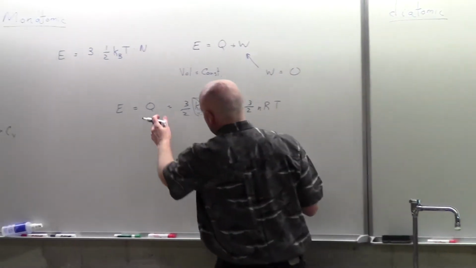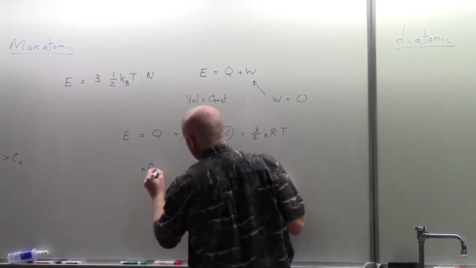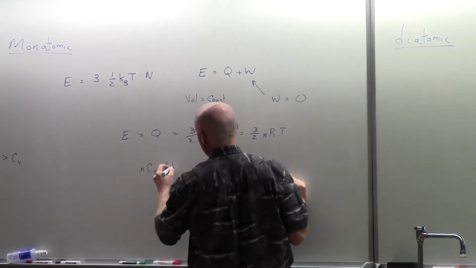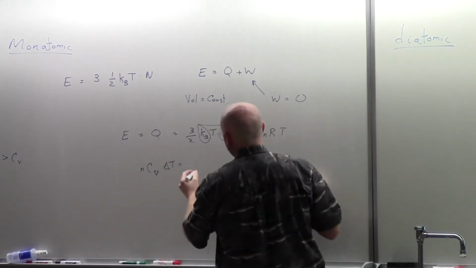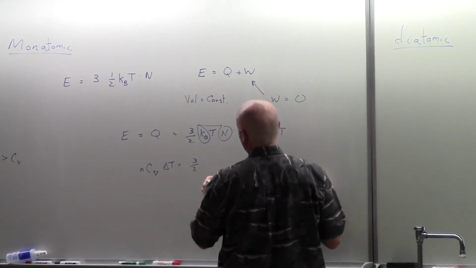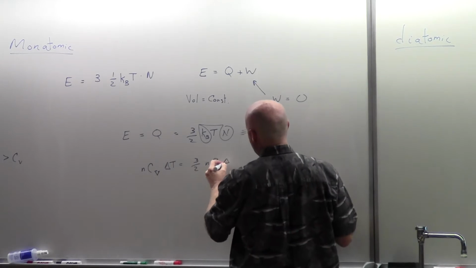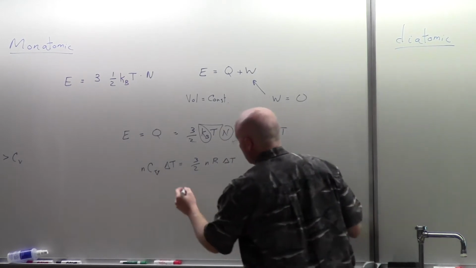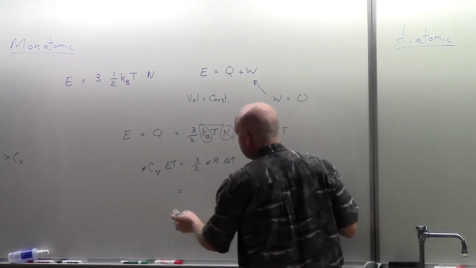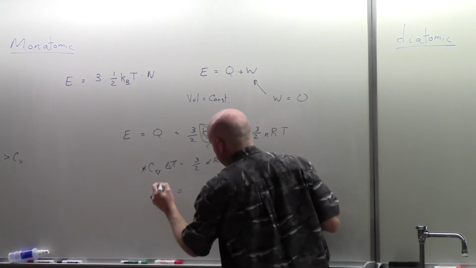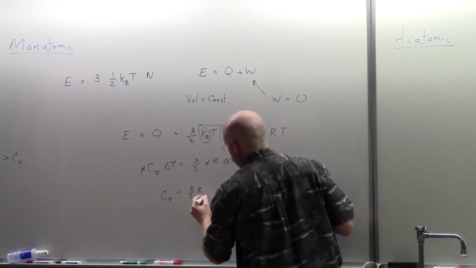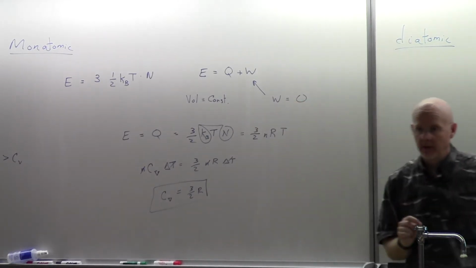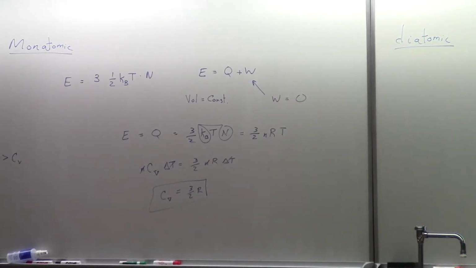Then if we also realize that what we called the molar specific heat would be how much energy when you change the temperature, then we can write a change in temperature corresponding to a change in energy or a change in heat, so that the n's cancel off, the delta T's cancel off, and so we finished the day saying that for a single atom, a monoatomic gas, that the specific heat, the molar specific heat, should be 3/2 R.